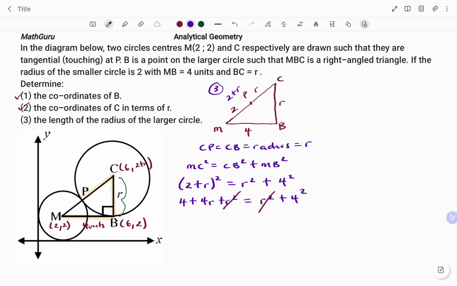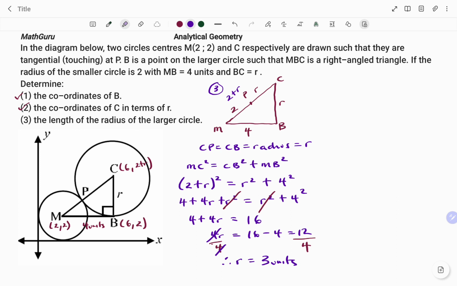I'm left with 4 plus 4R equals 4 squared, which is 4 times 4, which is 16. If I move my 4, I have 4R equals 16 minus 4, which is 12. Dividing both sides by 4, making R the subject of the formula, I have R equals 12 divided by 4, which is 3 units.